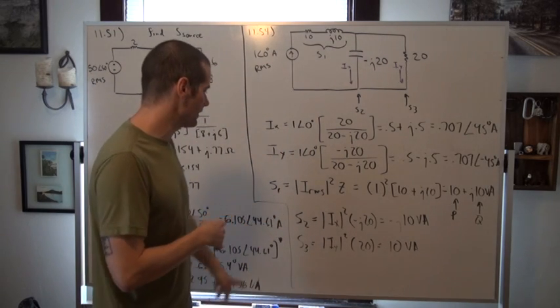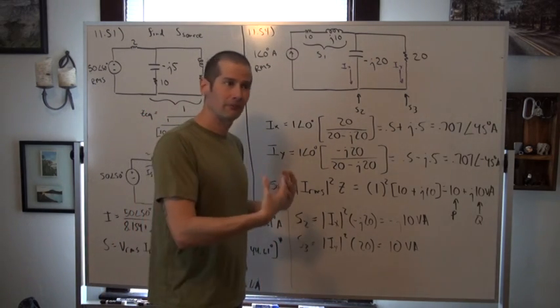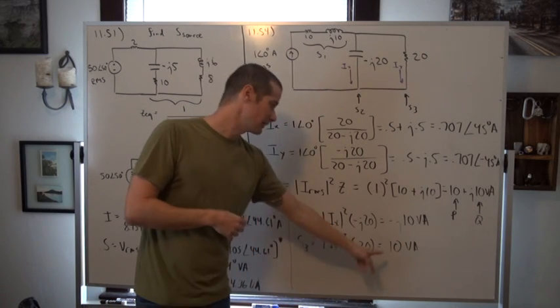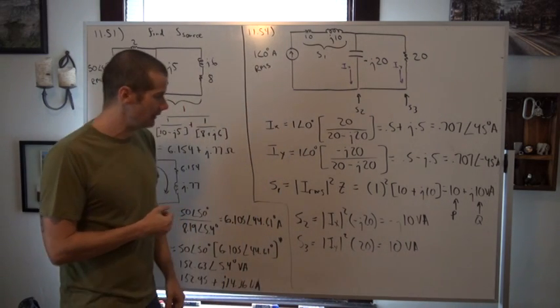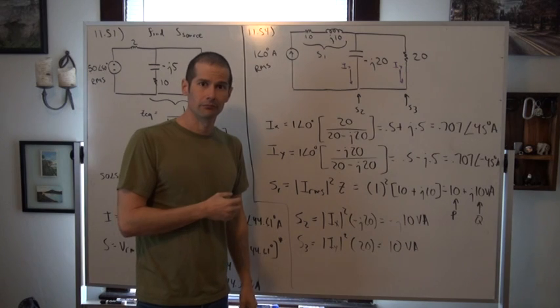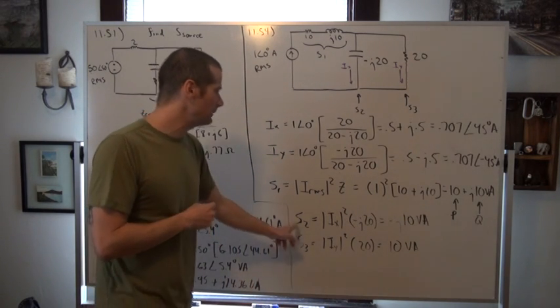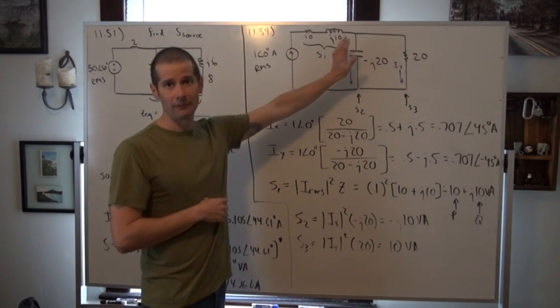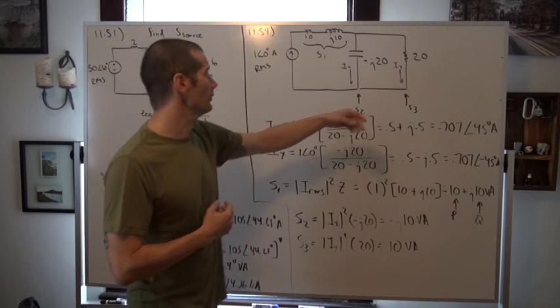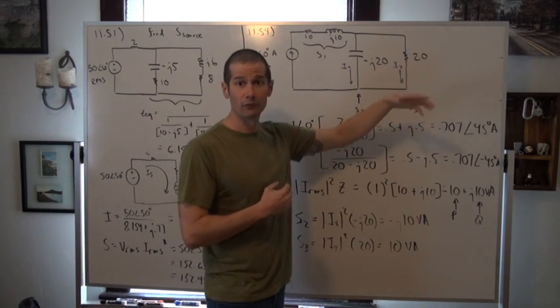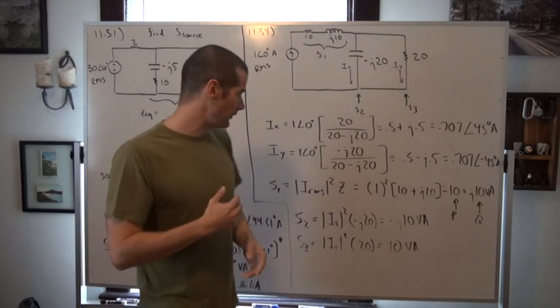But in this case, because they asked us for basically the complex power in that branch, then sure enough we have 10 volt amperes. Okay. Sometimes that confuses people because we know for the capacitor we only have reactive power, for the resistor we only have real power, but it's good to discuss that up front.